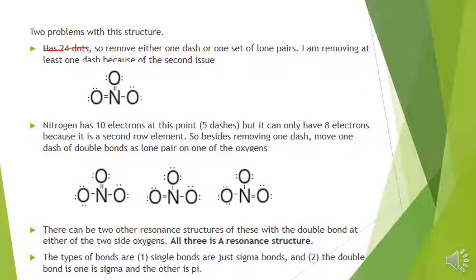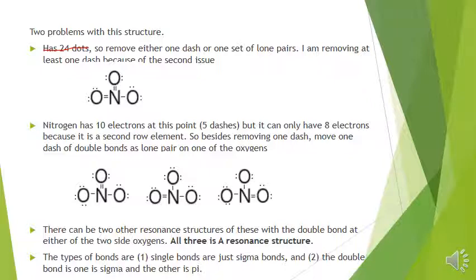The way it is in the previous example, it has 2, 4, 6, 8, 12 electrons, and it can't have that. Each dash is 2. So we need to take away 2. Why don't we take the 2 away from the nitrogen? The oxygens are fine.